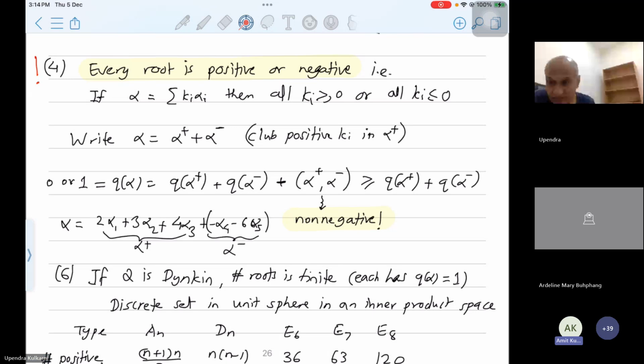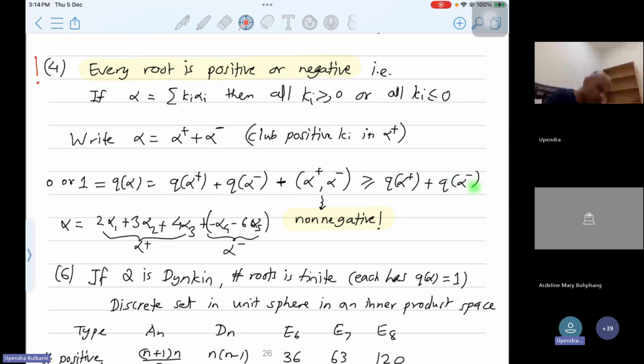Then this alpha is not a root, as every root is positive and negative. Okay, but remember that we were in the world of... that's exactly right. But that is the contradiction that we derived. But instead of doing a contradiction, what we said is that if I have a root, let's just revisit the one case, then that means that one of these has to be 1 and the other has to be 0.